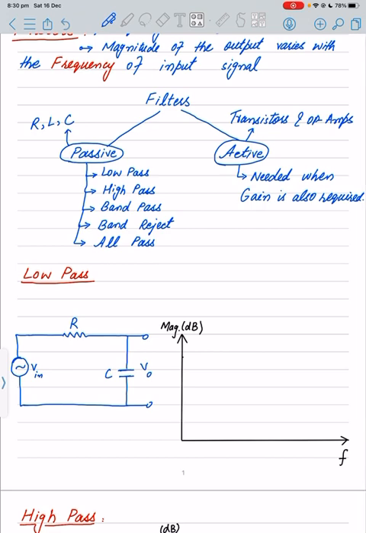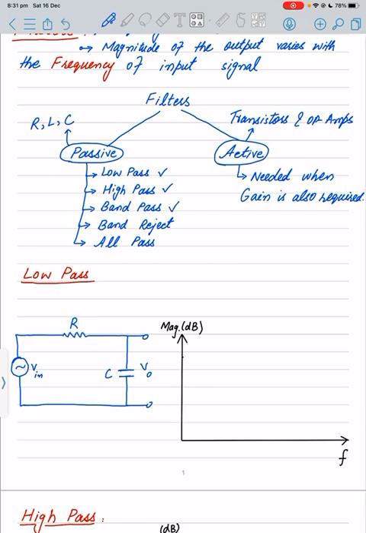Then we had started the different types of passive filters. We have around 5 different types, which are the major types of filters. The first one is the low pass filter, the second one is the high pass filter, and then there is the band pass filter.